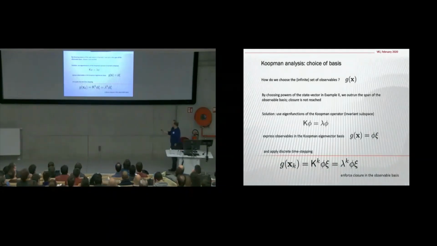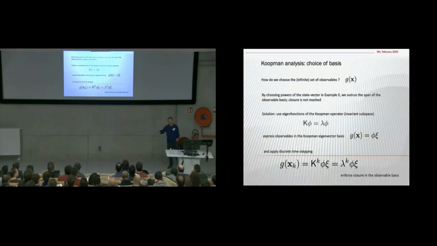So they do the magic trick. That means if we express our observables in the Koopman eigenvector basis, as phi times some coefficient psi, then every time I have an observable and I step that over k steps, I just apply the Koopman operator k times.